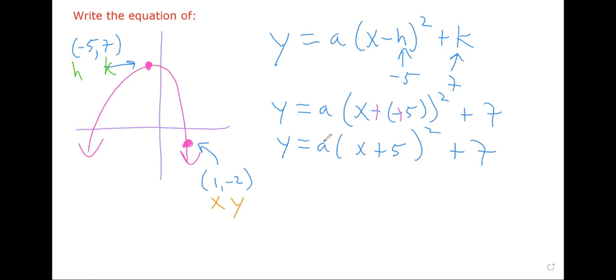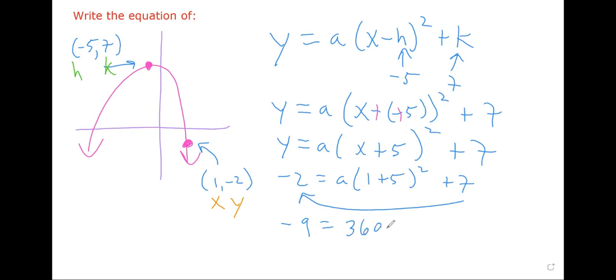So let's see. So this becomes -2 equals a(1 plus 5) squared plus 7. And why don't you guys subtract the 7 from the -2? And that'll be -9 equals 36a, right? 5 plus 1 is 6. The square of that's 36.